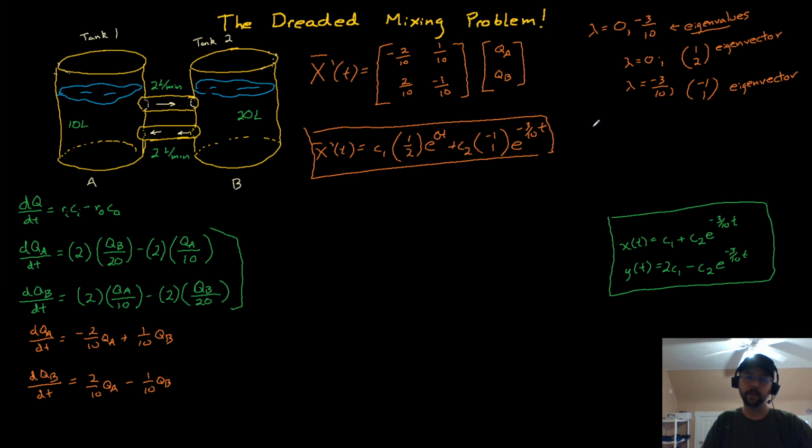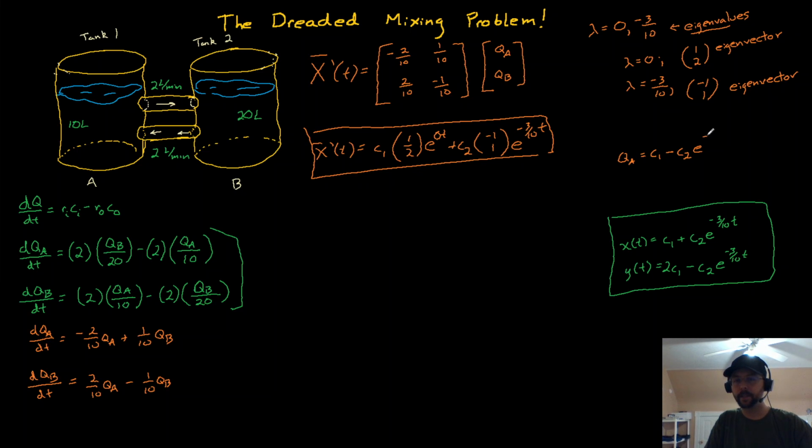I'll write it that way over here. So we have q of a equals c1 times 1 is c1. e to the 0t is just 1, so this is c1. And then negative 1 times c2 is negative c2.